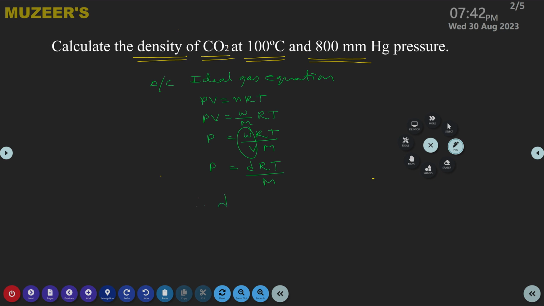Therefore, density is equal to PM by RT.